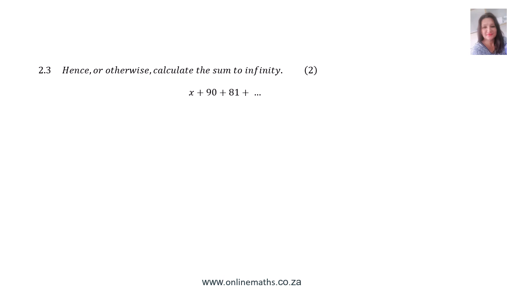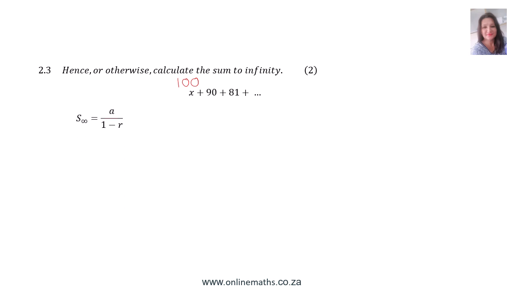On number 2.3, they want us to calculate the sum to infinity. So just remember from the previous sum, we worked out that x's value is 100. And then for the sum to infinity, this is your formula from your formula sheet.